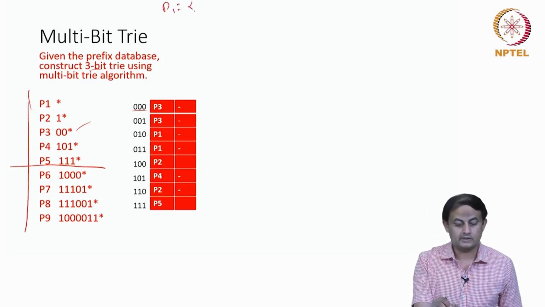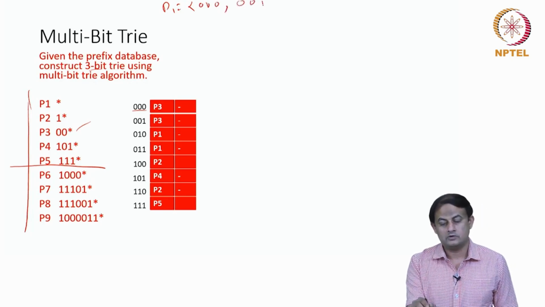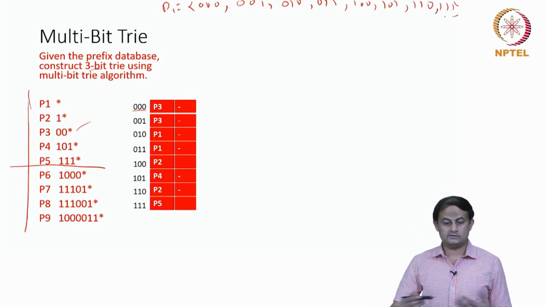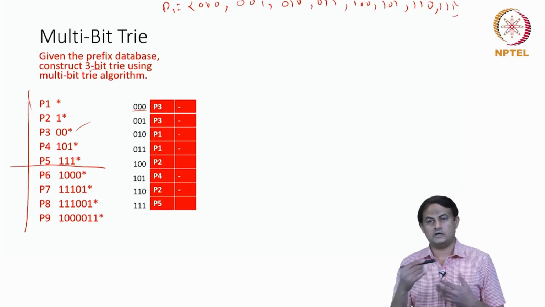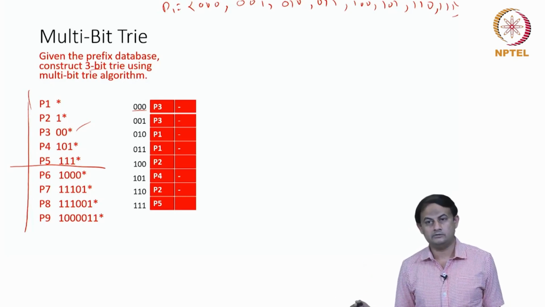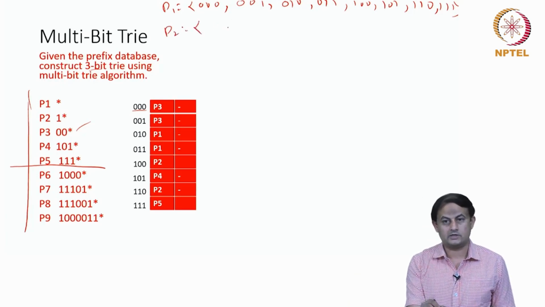So P1 actually covers all zeros to all ones up to 3 bits: 000, 001, 010, 011, 100, 101, 110, and 111. So this is the set. All IP addresses starting with 000 up to 111 are matched with the prefix P1. P2 will match anything that is starting with 1.